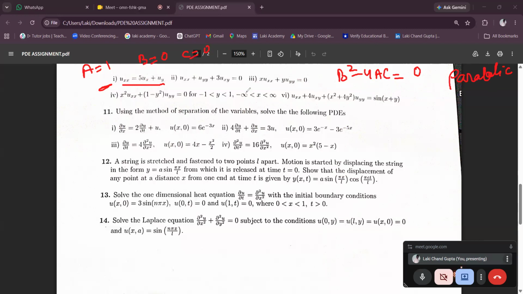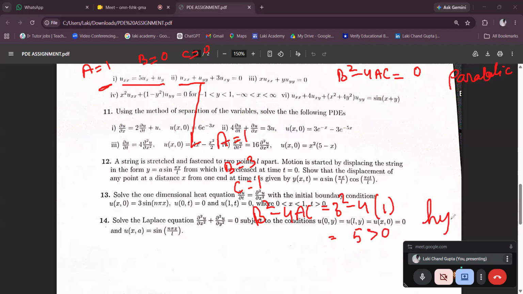Yes. Second equation is a is equal to 1, b is equal to 3, c is equal to 1. When you solve this, what are you getting? Positive. Positive means hyperbolic, right?